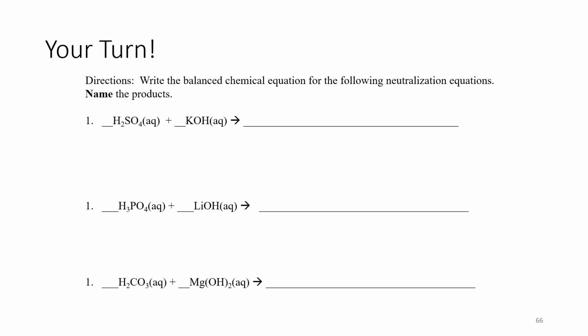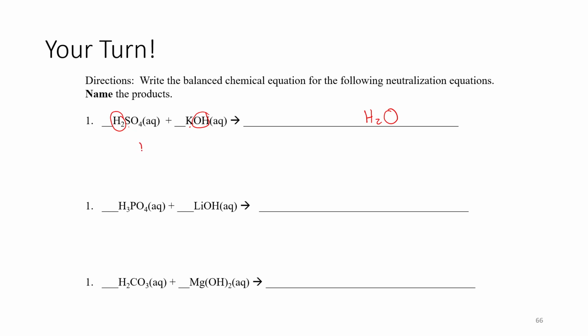Okay, so we are going to do a double displacement where we're going to combine the hydrogen with the OH to produce water. And we're going to combine the potassium with the sulfate to produce potassium sulfate.